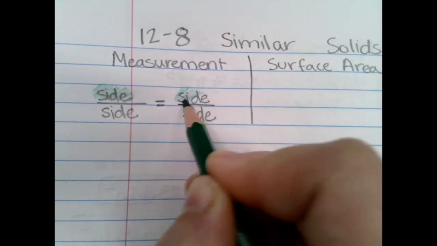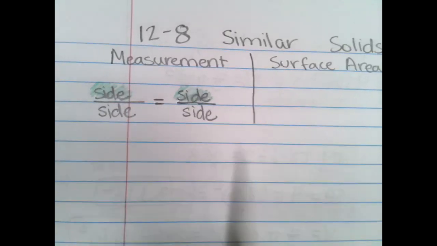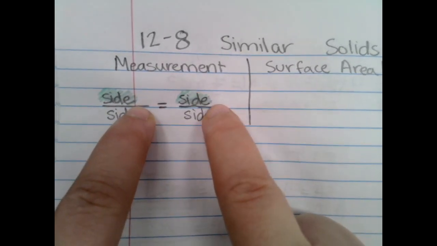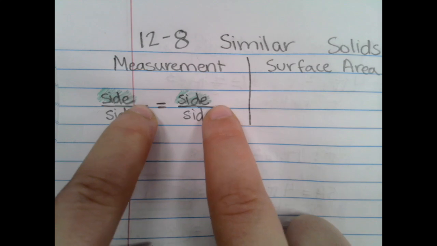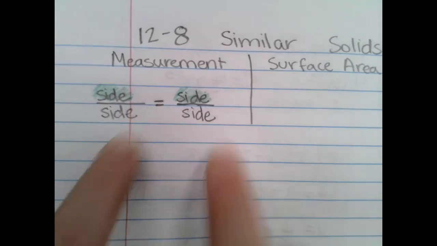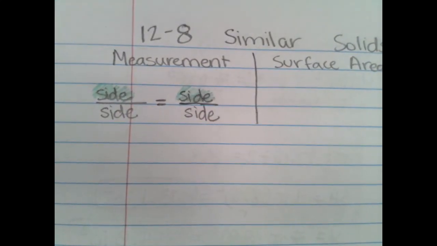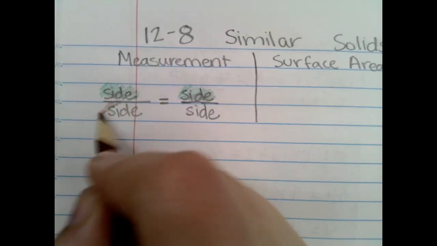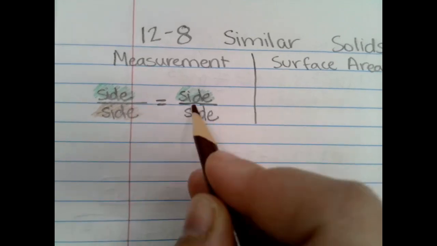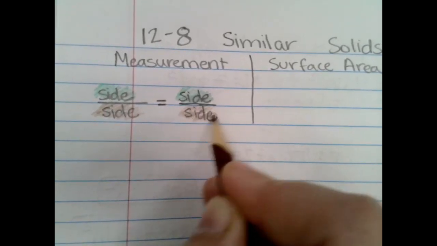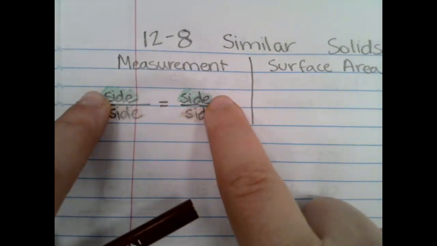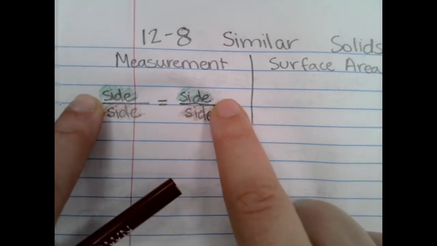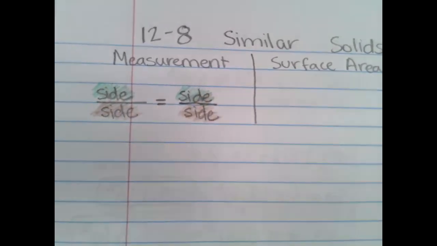So that's where I'm going to use colors. If you're not using colors, you might want to mark it with a 1 or like A, side A, side B. Or maybe use a little squiggle, circle it and then box it. And then again, the bottoms come from the same shape. So you could label this as side 1, and then side 2, meaning they're coming from the same shape going across here.